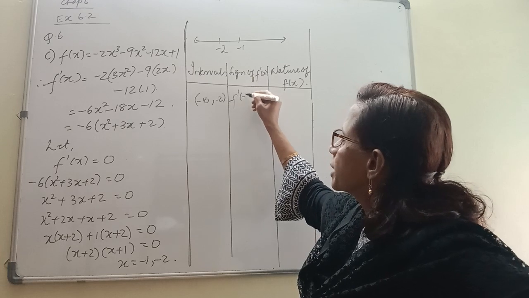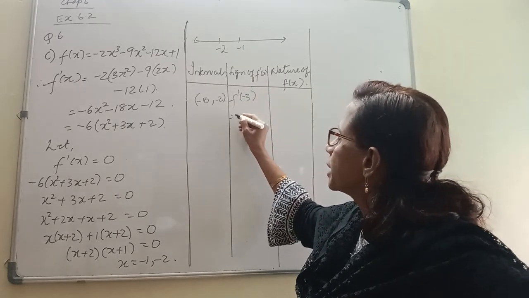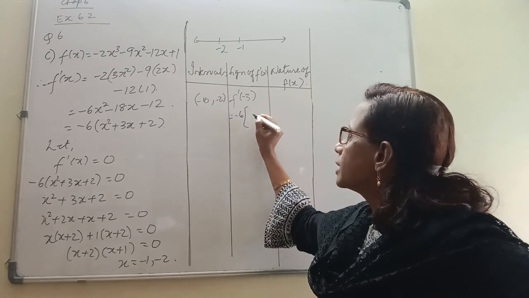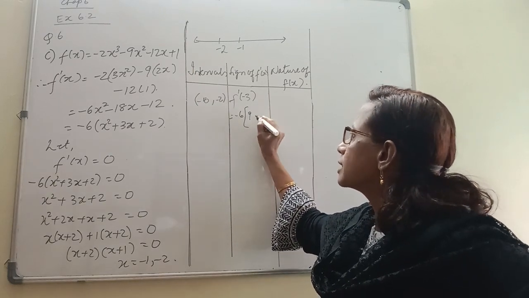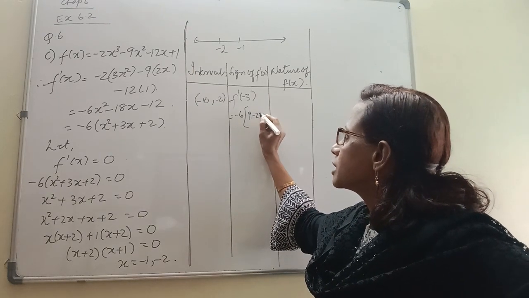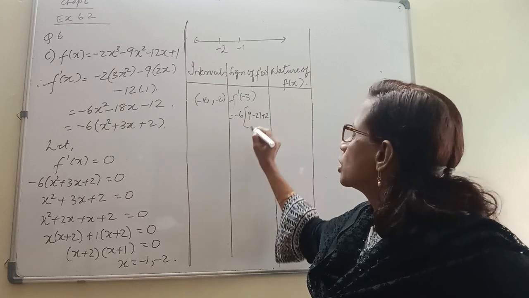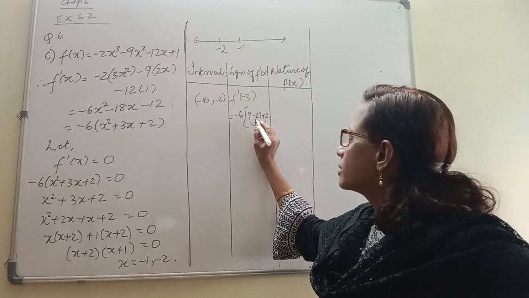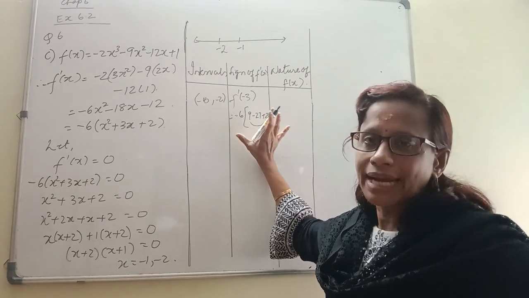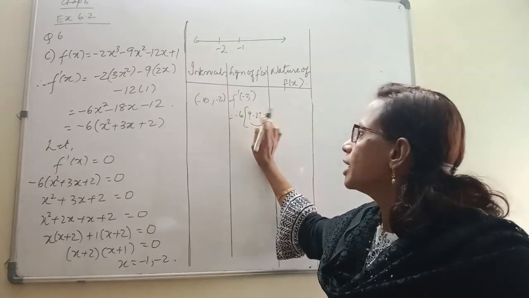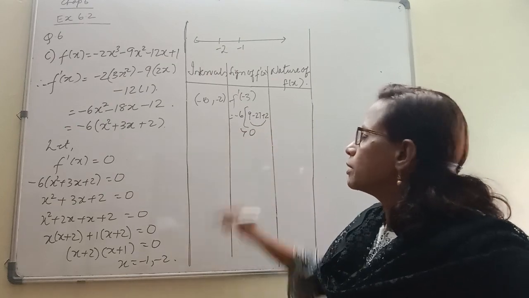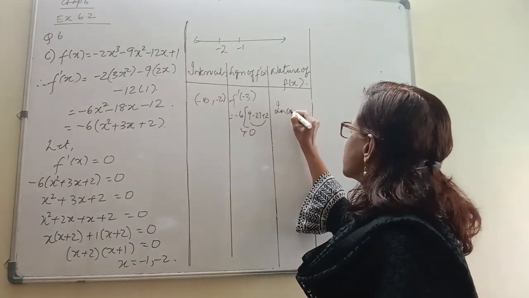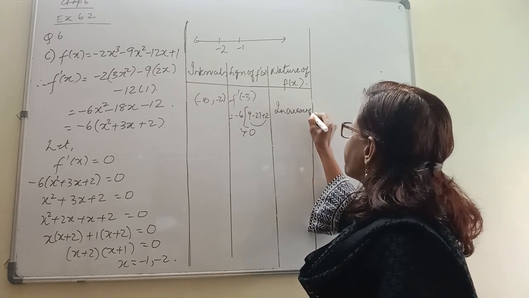F dash at minus 3 will be minus 6 times minus 3 squared is 9, 9 into minus 3 is minus 27 plus 2. So this is 9 plus 2, 11. So the bracket term is going to be a negative quantity. Negative into negative, it's going to be positive. So here in the very first interval, it's going to be increasing.